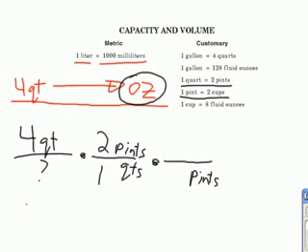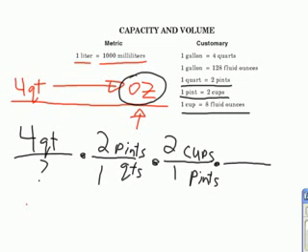Remember, they have to be opposite each other. And cups. Well, I see 2 cups equal 1 pint. But I don't want cups. Again, I want ounces. Stay focused on what you want. So I'm going to get rid of the cups. Put my multiplication sign. And I see that 1 cup equals 8 ounces.